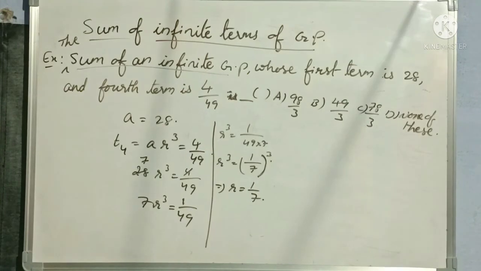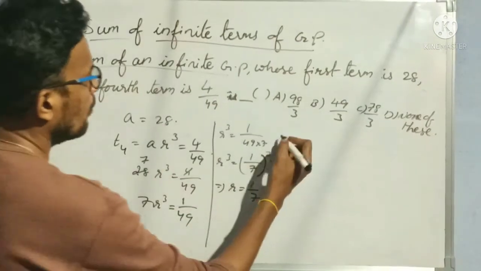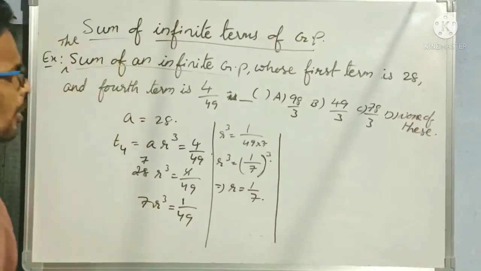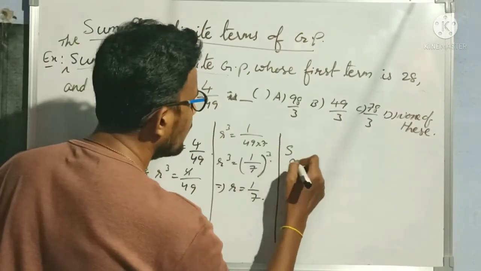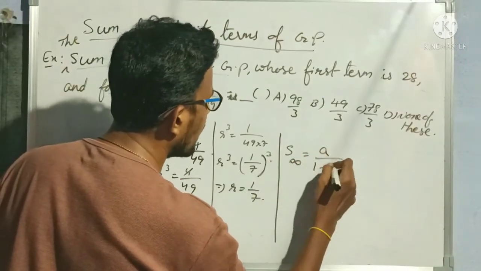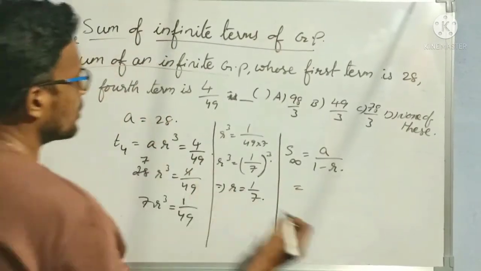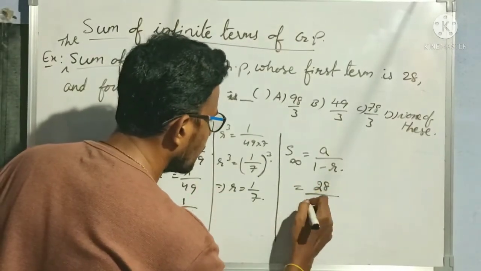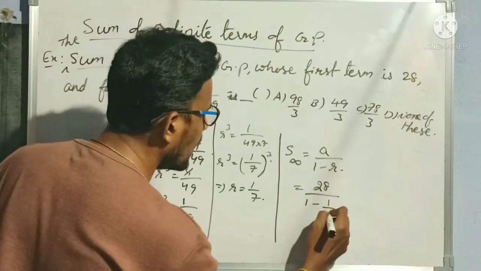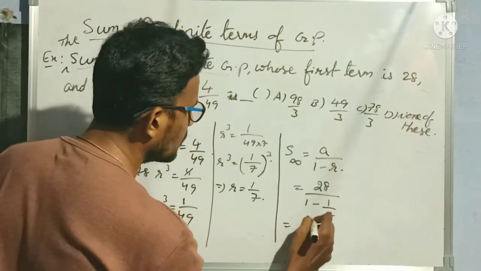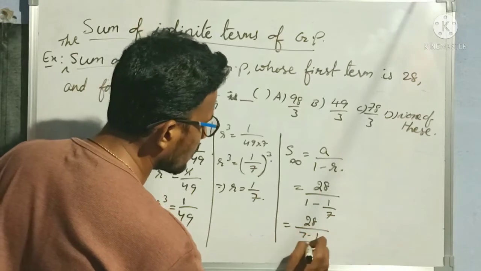So when my R value is less than 1, what is the formula for the sum of infinite terms of GP? S infinity is equal to A by 1 minus R. So that is equal to 28 by 1 minus 1 by 7, which is 28 by 7 minus 1 by 7.